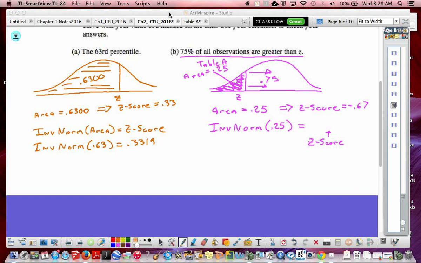So what's at least nice about these, the calculator will give you the z-score out to as many decimal places as you want, but you know, table A going out 2 decimal places is good enough for what we will be doing in this course. All right, that ends your CFU for 2.3.